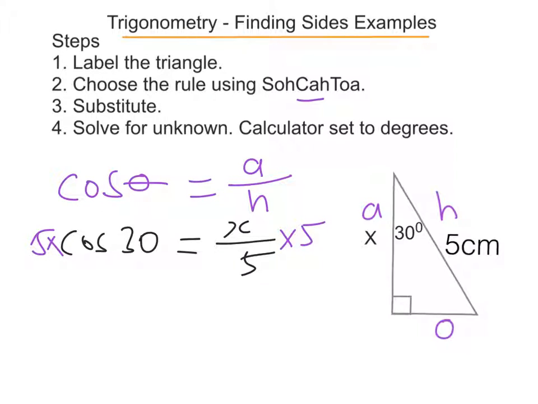On the right hand side, they cancel. So I end up with x equals 5 cos 30. And the answer to that, rounded to one decimal place, is 4.3 centimetres.